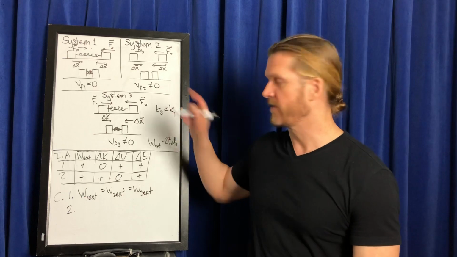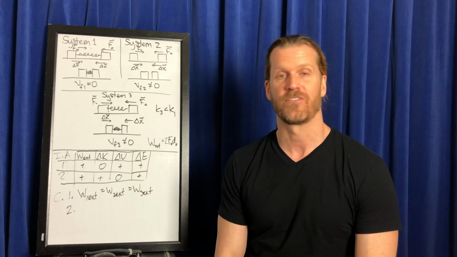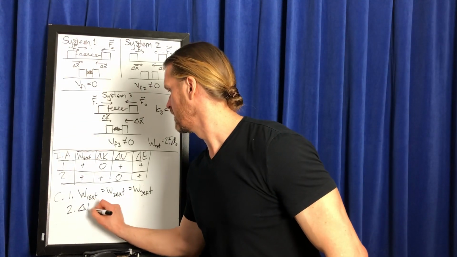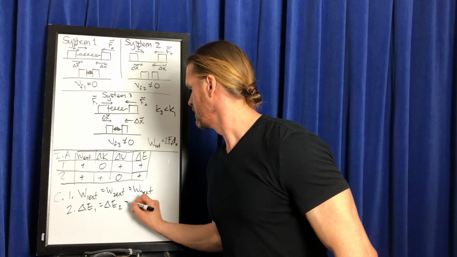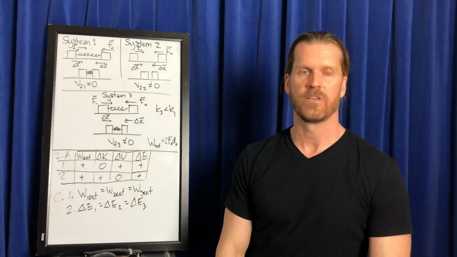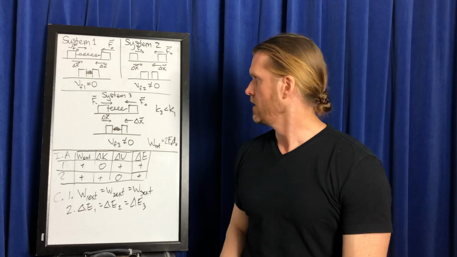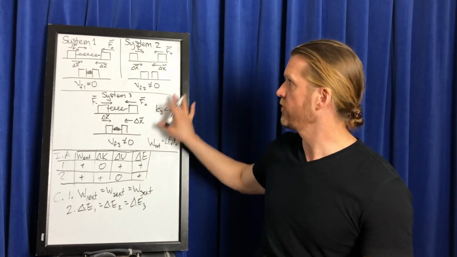So if all 3 of these systems have the same net external work, they all have the same change in total energy. They're all equal. So the total energy change is the same in all three of these situations.